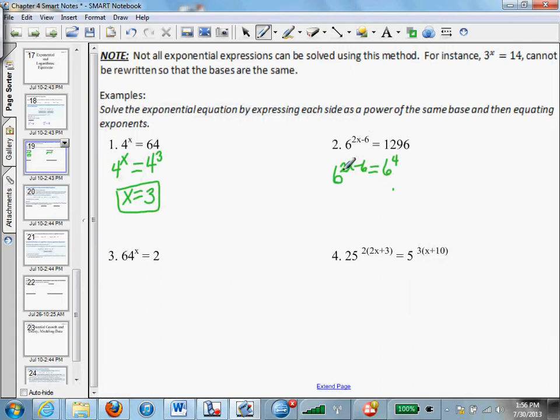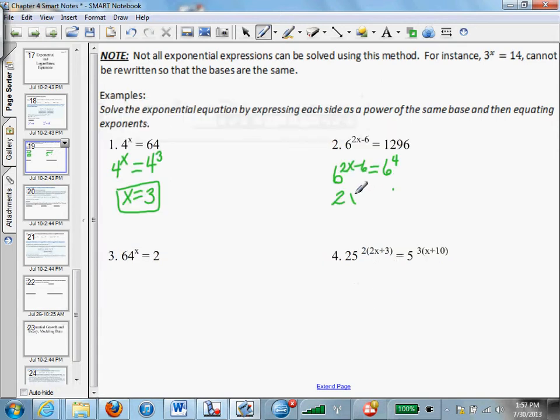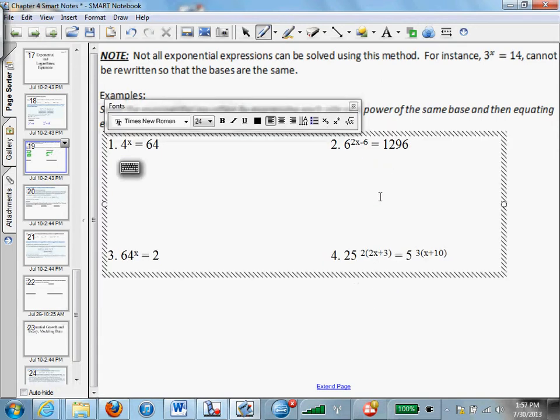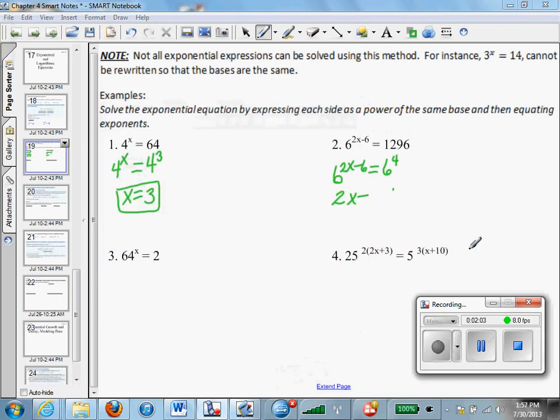We now have the same base of 6, so we can set our exponents equal to each other, since the bases are the same. So we bring down 2x minus 6 equals 4, the other exponent.